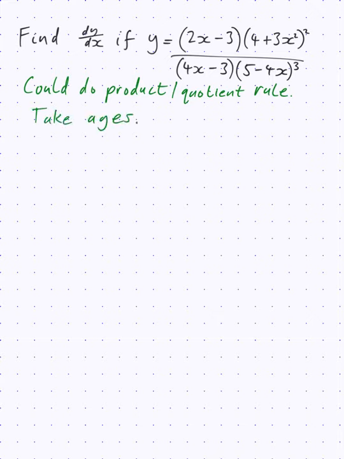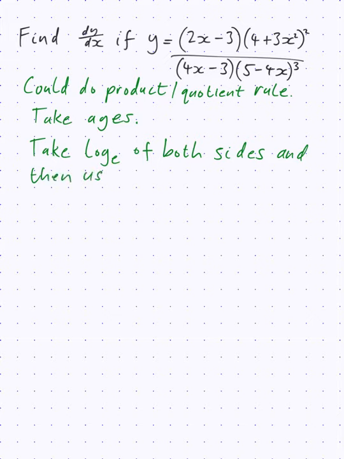Instead, what we'll do is take the log of both sides, use the laws of logs to simplify the right hand side, then differentiate both sides implicitly in the case of the left hand side, and then we'll be able to solve the equation we have left to get dy dx.